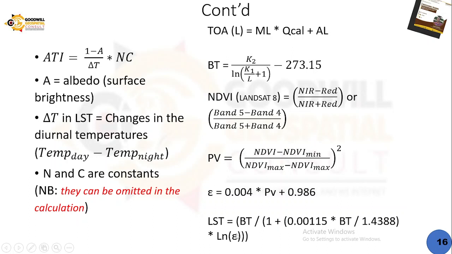Then you also take the images at night for that same date, and calculate its land surface temperature for the night. Now for the two, you do what you call band math. You subtract the temperature in the day images from the temperature at night. So that gives you your temperature changes.